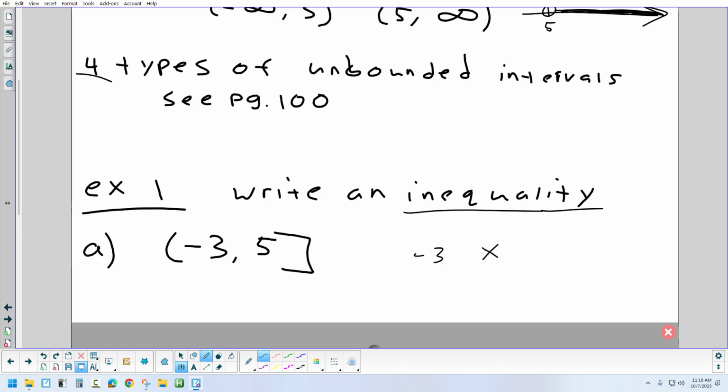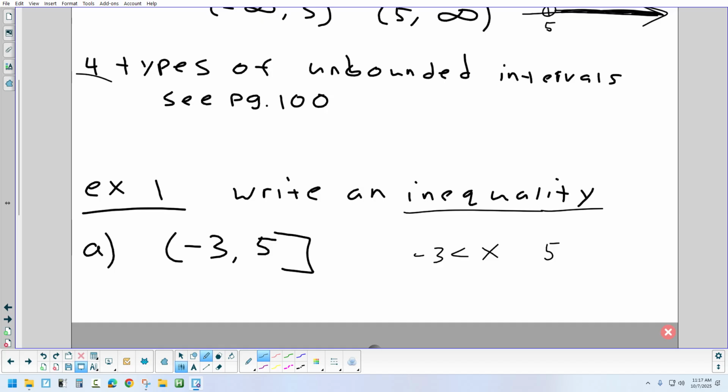And where would the 5 go? To the right. And what kind of symbol are we going to put between the -3 and the x? Less than. And how about between the x and the 5? Less than.